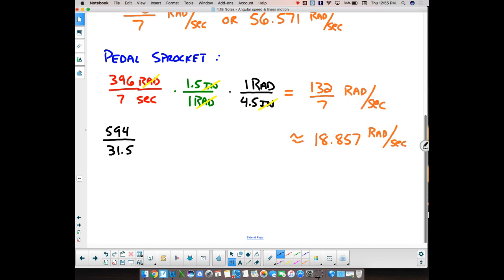Not a fan. Can't have decimals inside of fractions. So I can add a 0 there and take away that decimal point there. And then they both are reducible by 45. 45 goes into the top 132 times. 45 goes into the bottom 7 times. Okay?